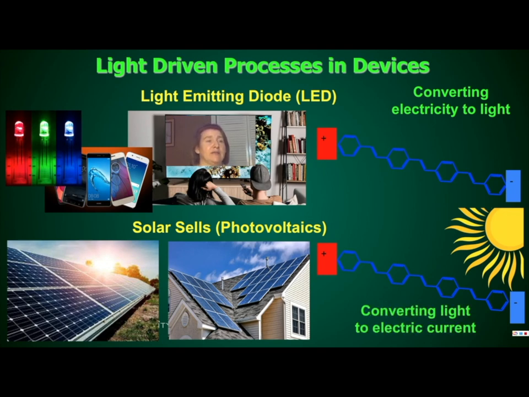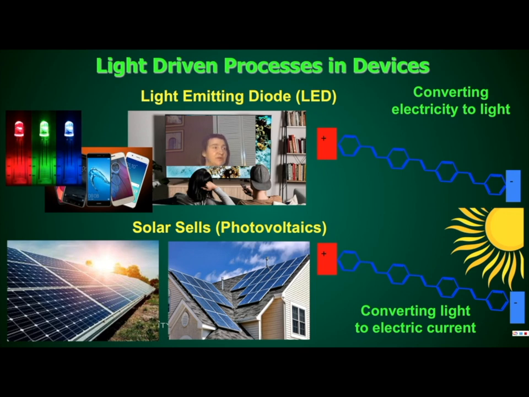Then this electron-hole pair moves in opposite directions towards the contacts. So we have free charge carriers, which means that we are creating an electric current. So in these devices, the light is converted to electric current and then can be used as electric power in our houses, as we usually use our electric power.